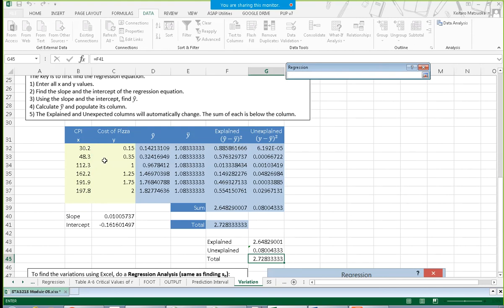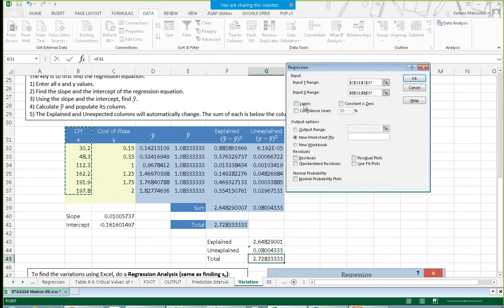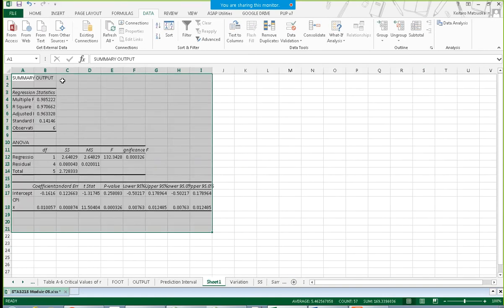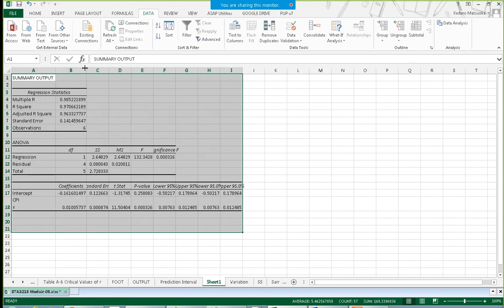Input X range, here you go. Labels, I included the labels, so it's here. And I'm going to output it to a new worksheet. Boom, there it goes.